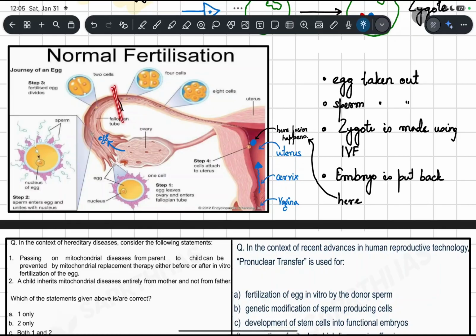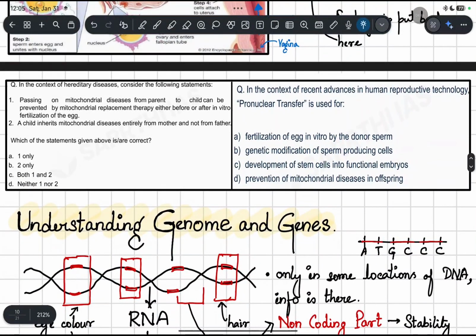The egg won't be able to travel and fuse here with the sperm, right? So here also the same thing is done. The egg is taken out, the sperm is taken out, the zygote is formed through IVF, and that zygote is placed over here. So this is another way through which IVF is used.